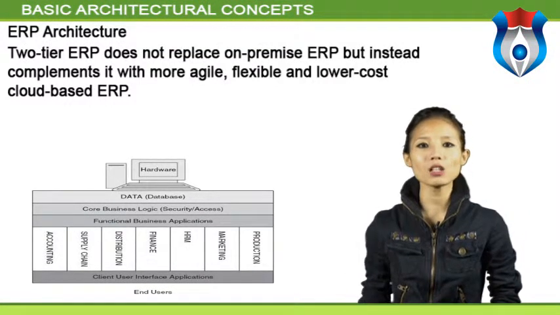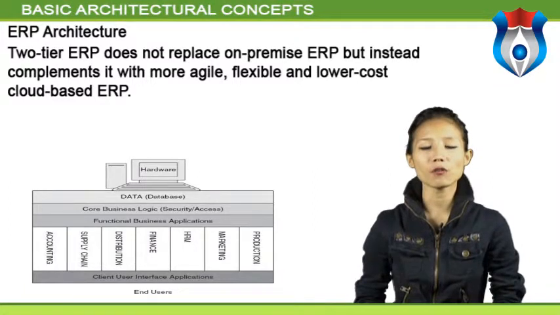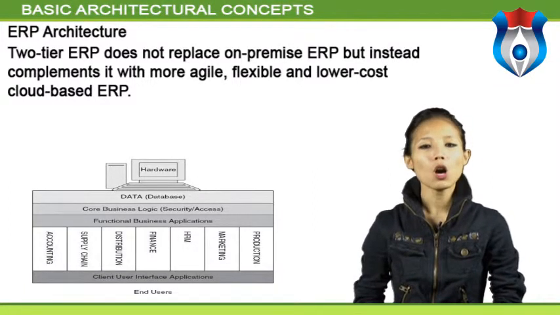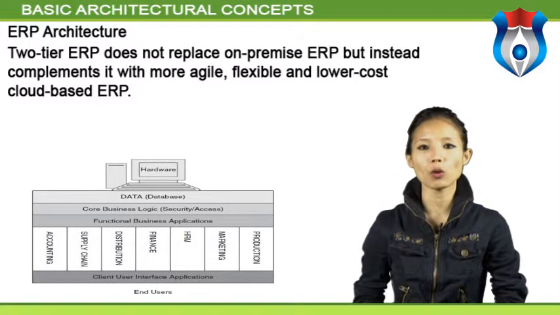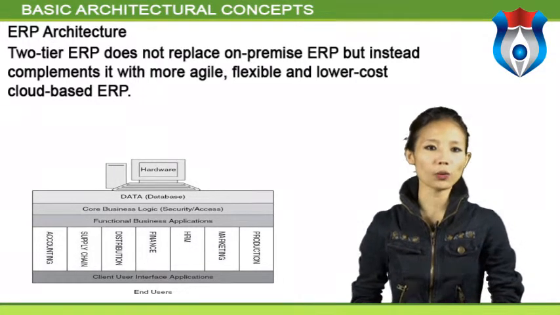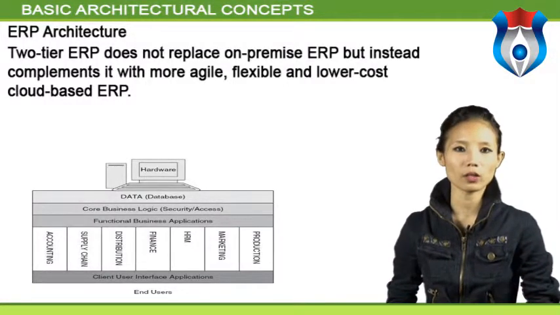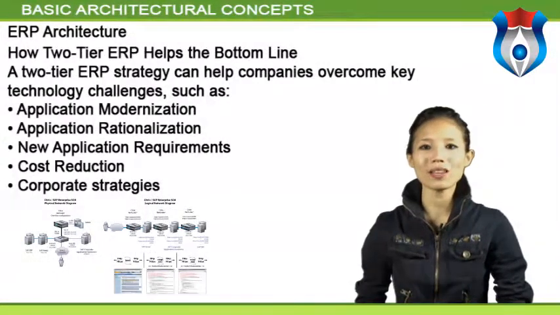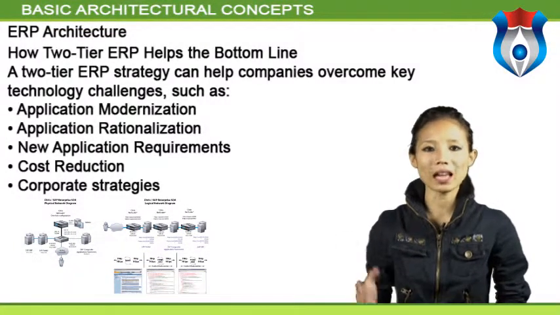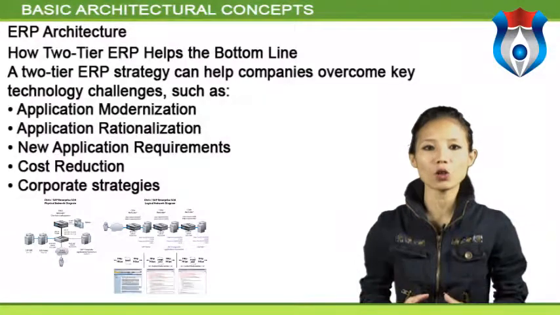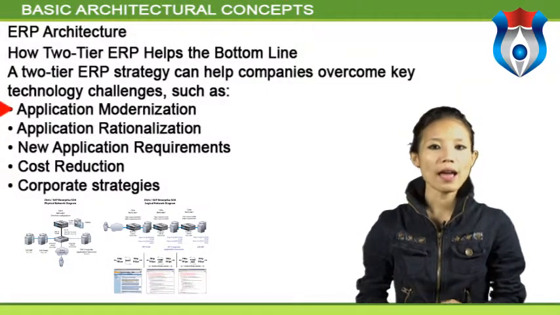On-premise ERP still provides the standardization and consistency for back-office systems of record for processes such as make to deliver and record to report that are vital for efficient operation, regulatory and legal compliance, and consistent quality. How two-tier ERP helps the bottom line. A two-tier ERP strategy can help companies overcome key technology challenges such as application modernization.